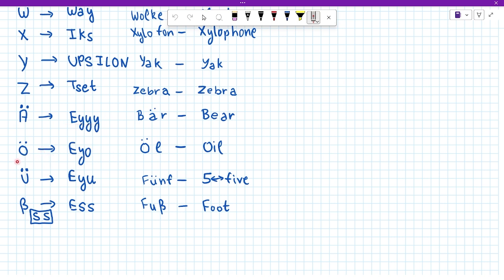And then comes the umlaut. We will pronounce it as AO. Not O, but rather AO.